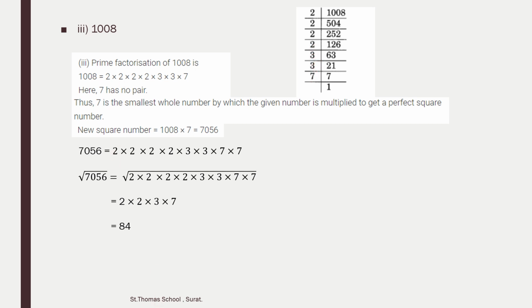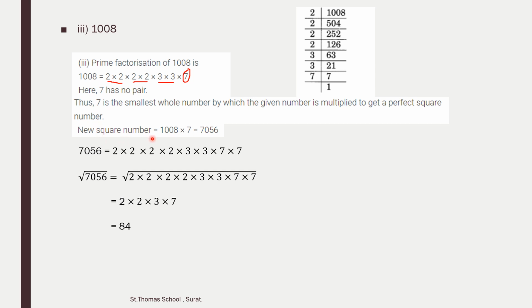Now you can pair it. You have to take 2s. So here 2 two times. Again 2 two times. 3 two times. What about 7? It has no pair. Right? Here 7 has no pair. Thus 7 is the smallest whole number by which the given number is multiplied to get a perfect square number.